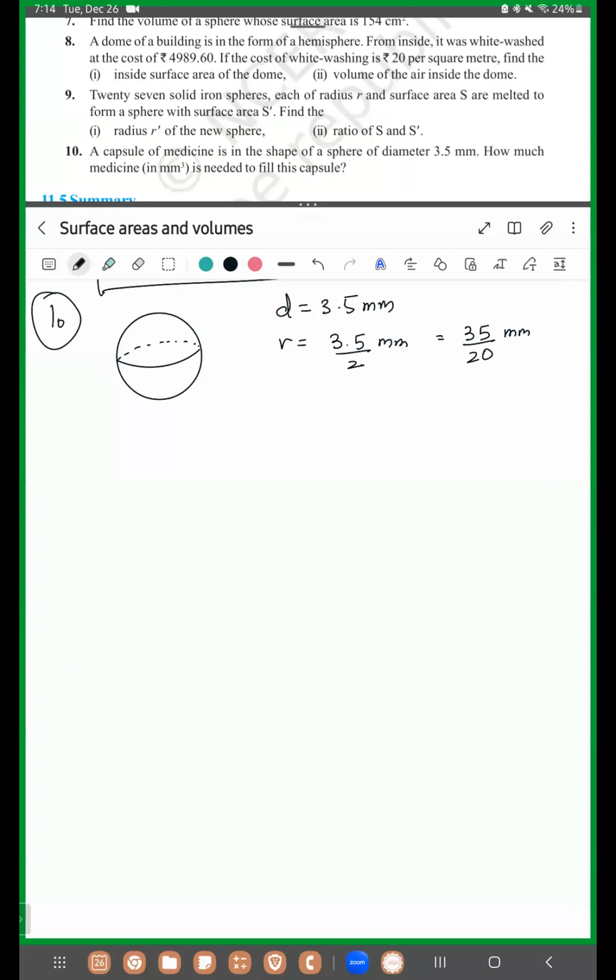How much medicine is needed to fill this capsule? To fill it means it fills the capsule from inside.